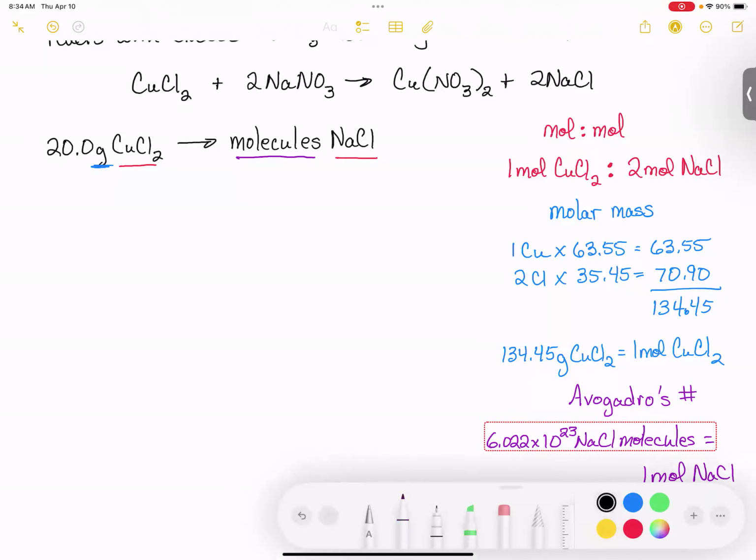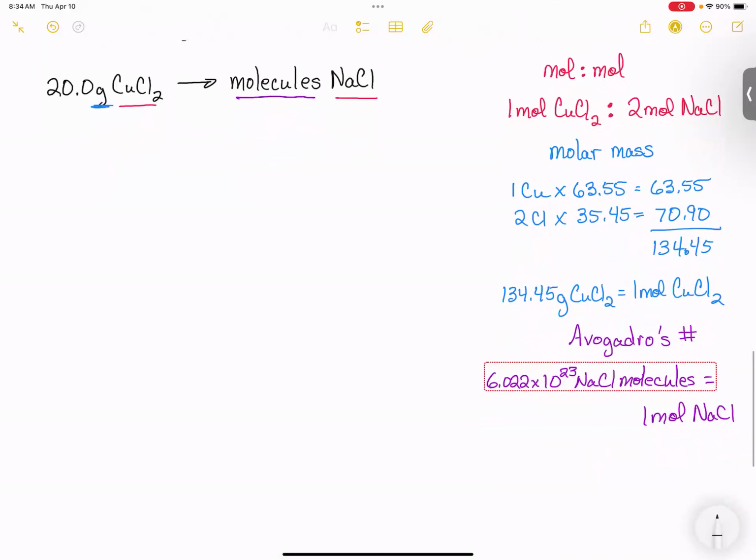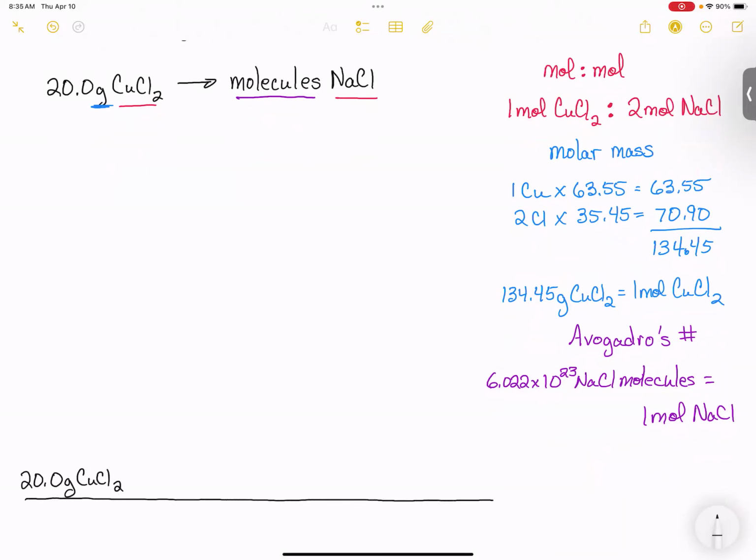Okay, now that I have broken everything down, I'm ready to perform this conversion. I'm going to start with the 20.0 grams of CuCl2. My first conversion factor must have grams of CuCl2 in it. So therefore, I'm going to use the molar mass.